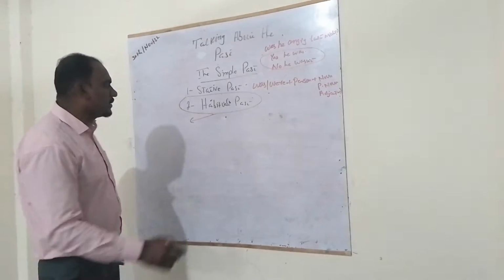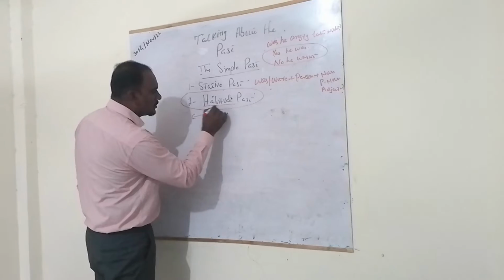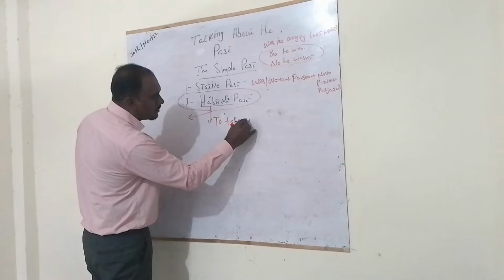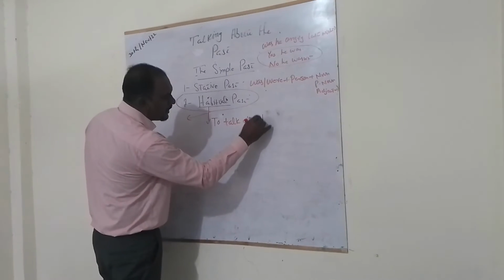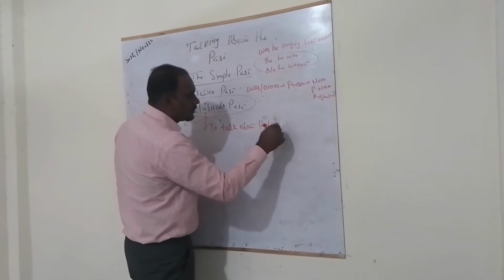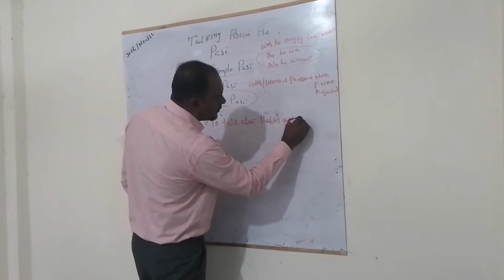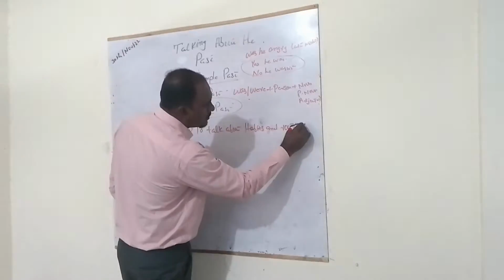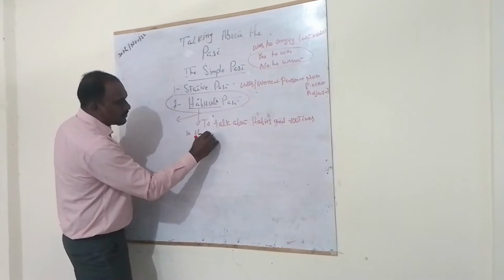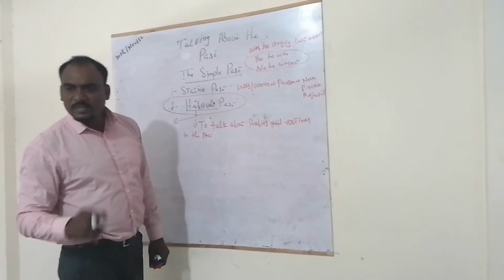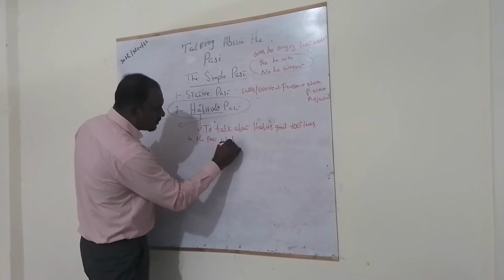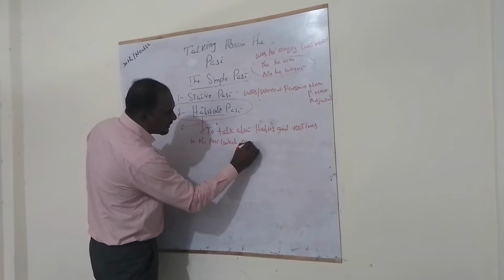Keep in mind, we use the habitual past to talk about habits and routines in the past, habits and routines in the past which cannot be repeated again.